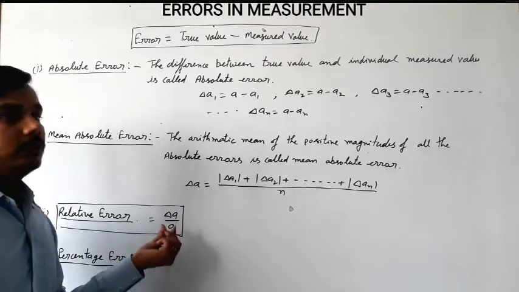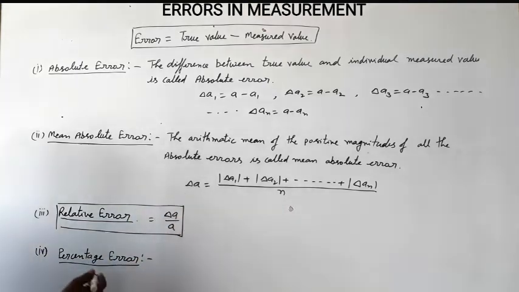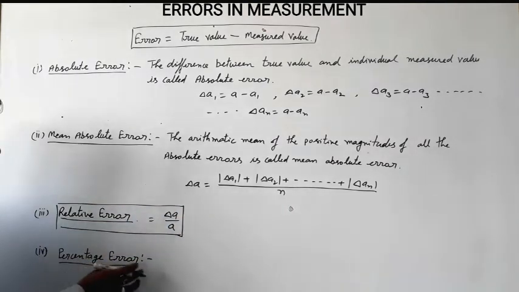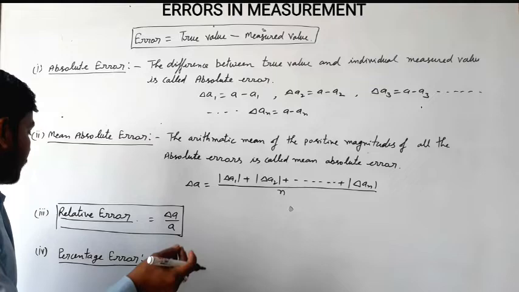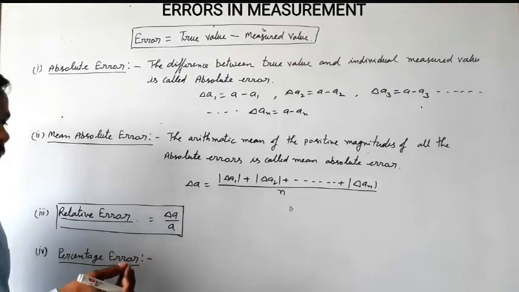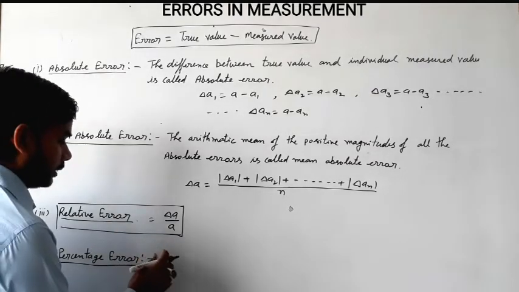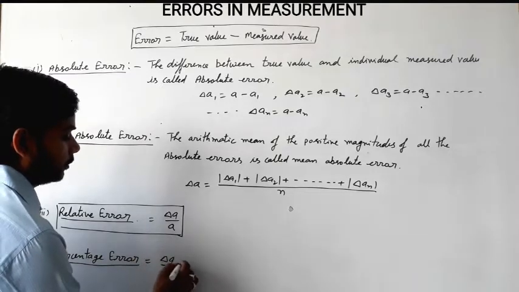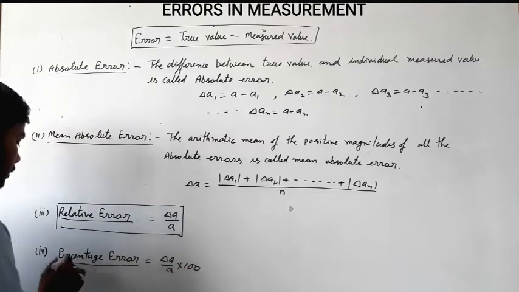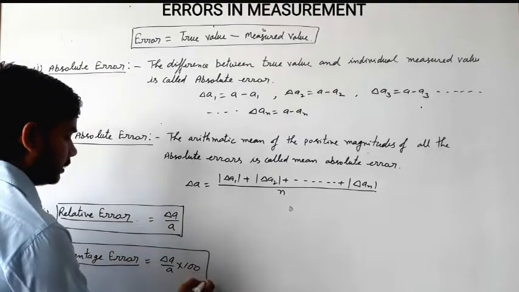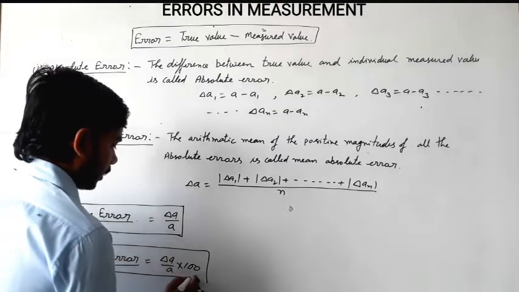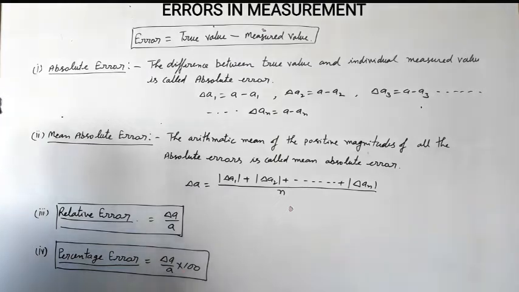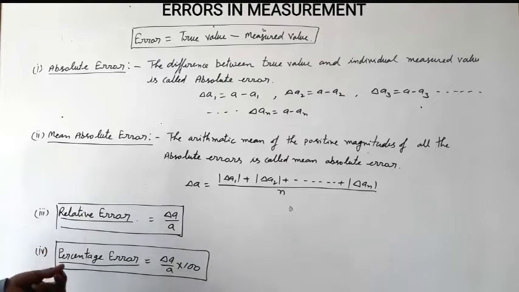The true value is a standard value. Now the next is percentage error. The percentage of relative error is called percentage error, and it is represented by delta A upon A into 100. This is the formula for percentage error. So these are all the errors in any measurement.